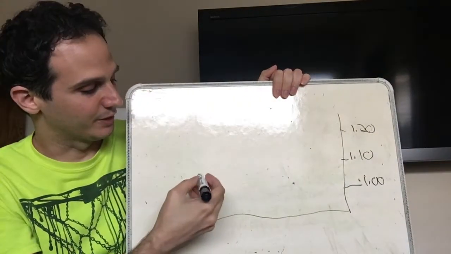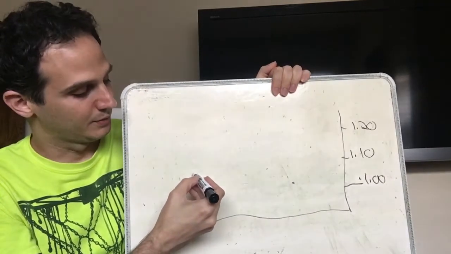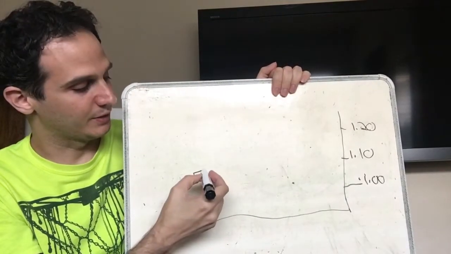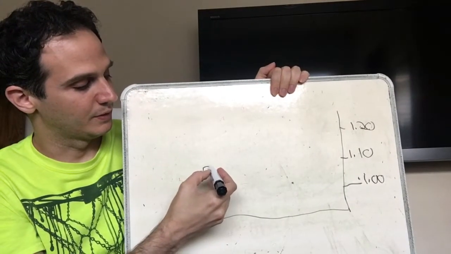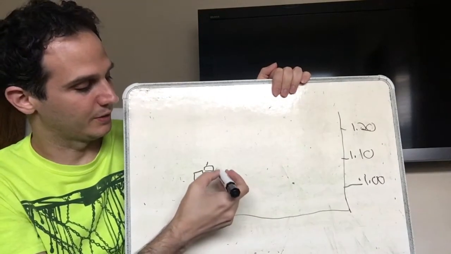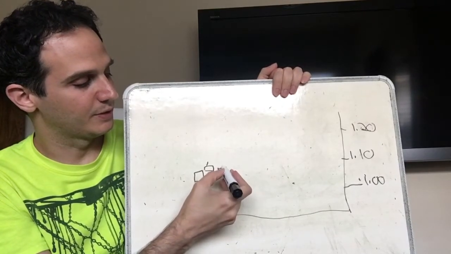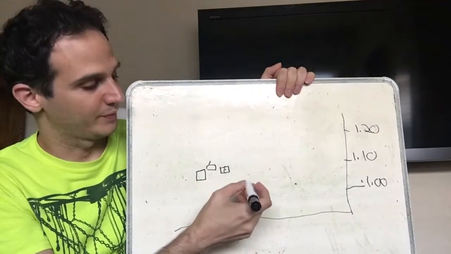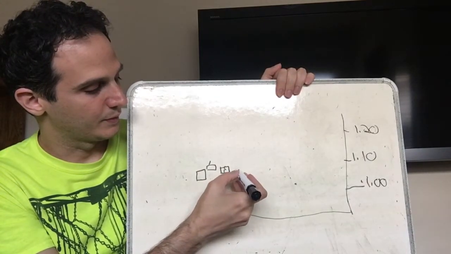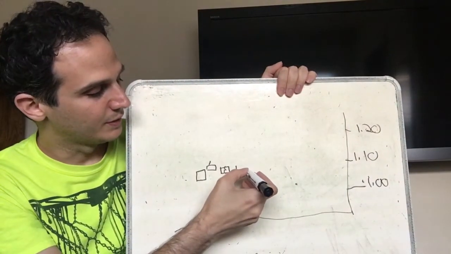So now if we have a series of candles, like let's say we get a green candle, maybe another green candle, a red candle, kind of like a doji.